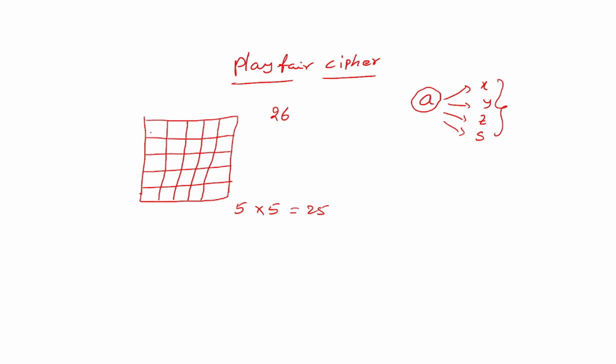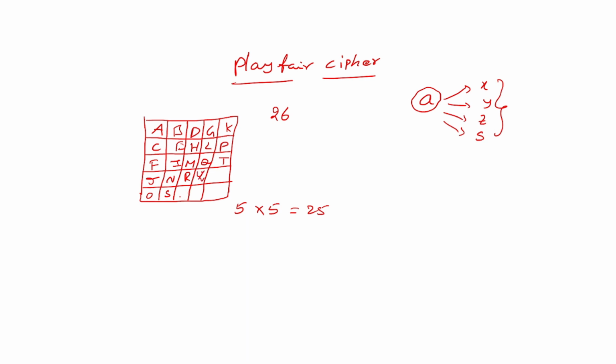Suppose I am taking in this way: diagonal A, B, C, D, E, F, G, H, I, J, K, L, M, N, O, P, Q, R, S, T. I am taking U and V in the single cell.